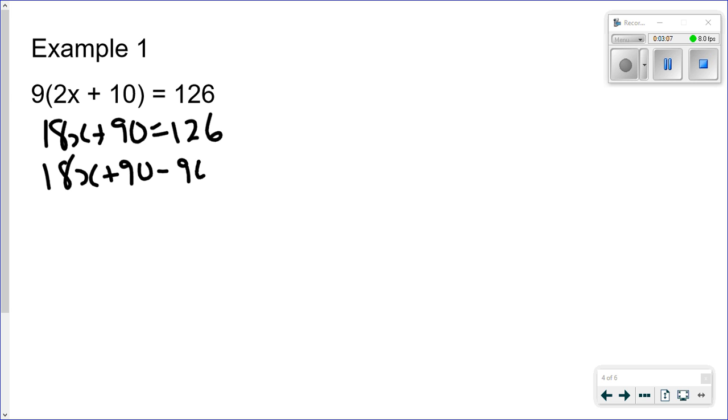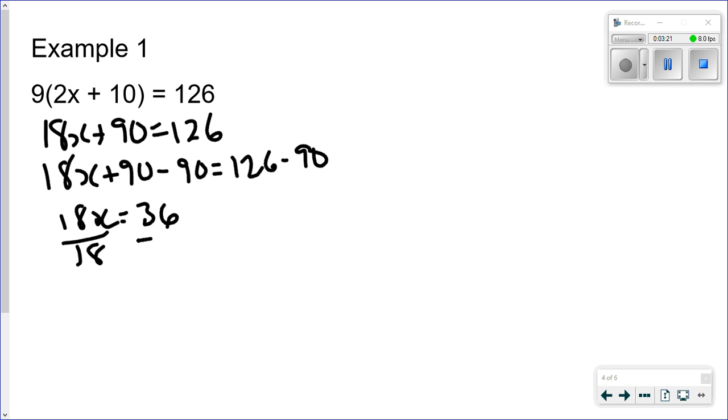Remembering my suggestion of dealing with the addition first. What is it? That's 36. And it's not much harder than what we've already been doing.